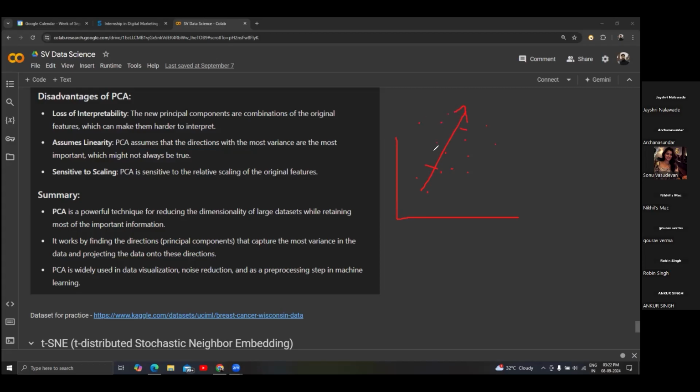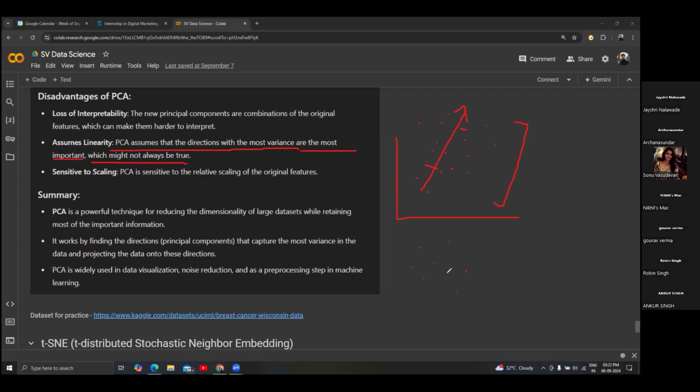PCA assumes the direction with the most variance, which you can see is among this, is the most important, which might not always be true.